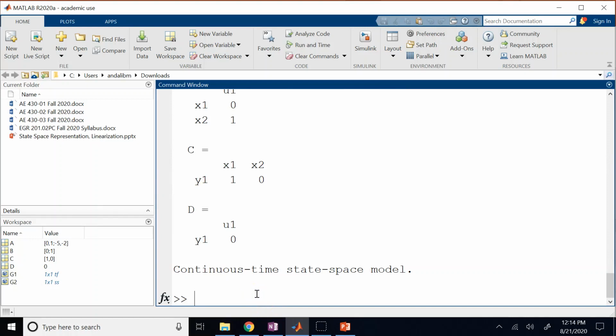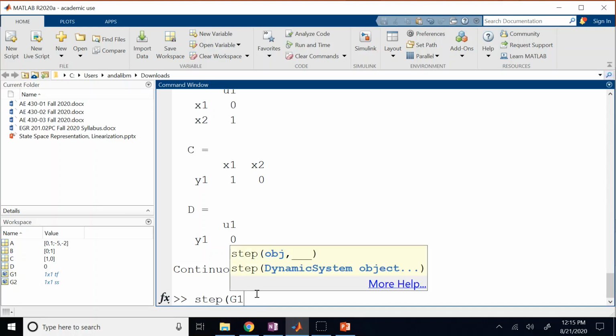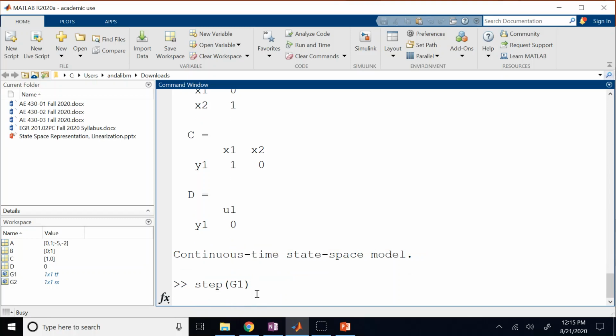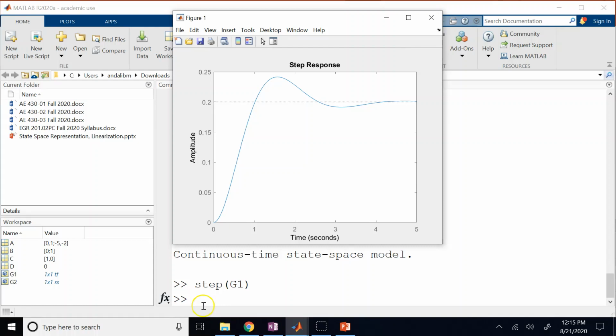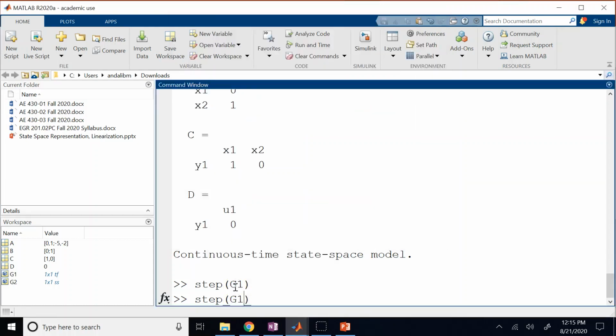Now I want to see if the behavior of these two systems is the same if I give them the same input. So I use the command step and ask for the step of system G1, the one with the transfer function. And that's the step, right? Now I ask for a new figure, and in the new figure, a step of system 2.